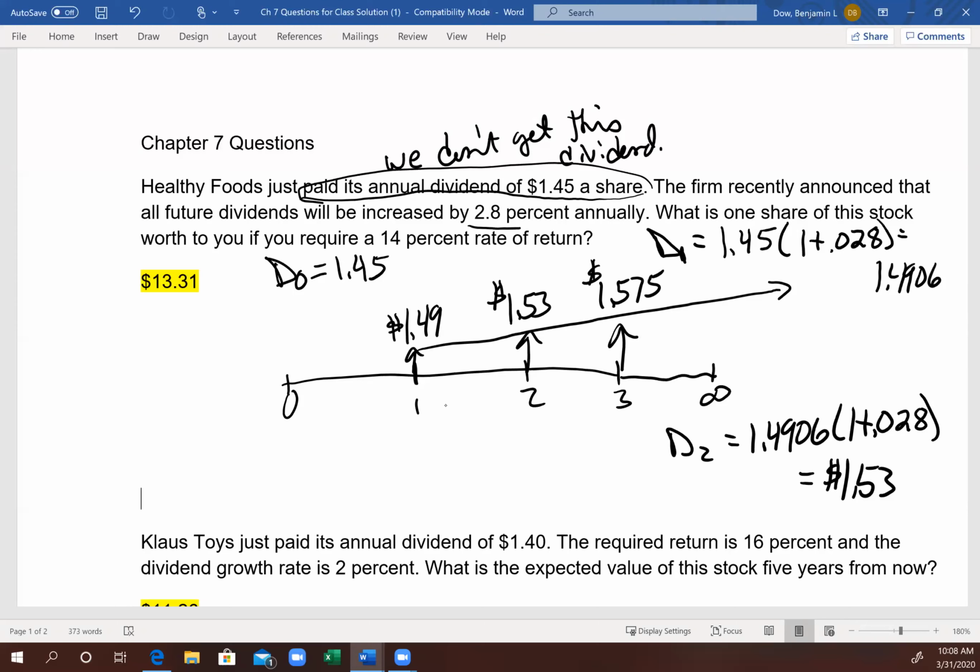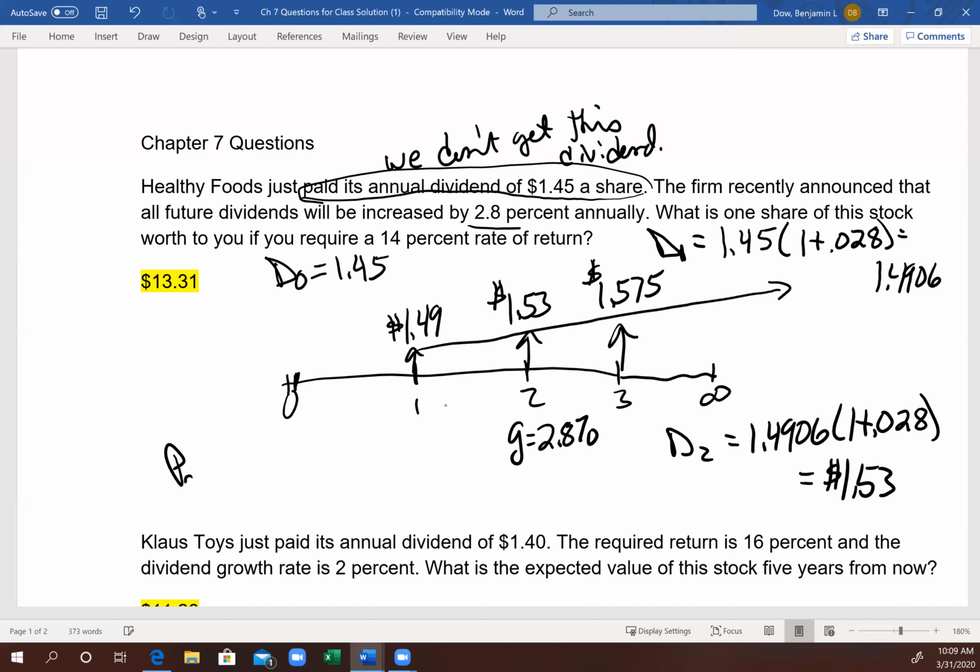Okay. But since we have some conditions that are met, that is, growth is constant at 2.8%, we really want to start at the beginning of this annuity, which is the beginning of year one, which is kind of like today.